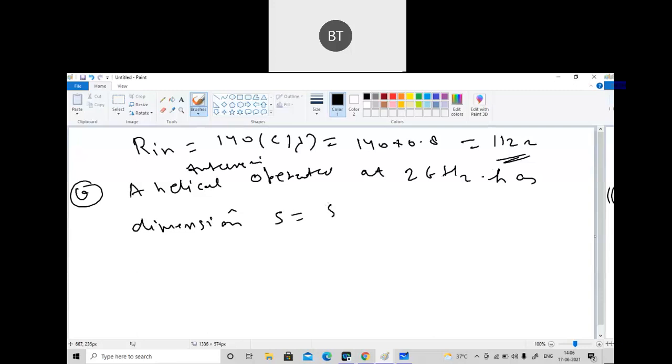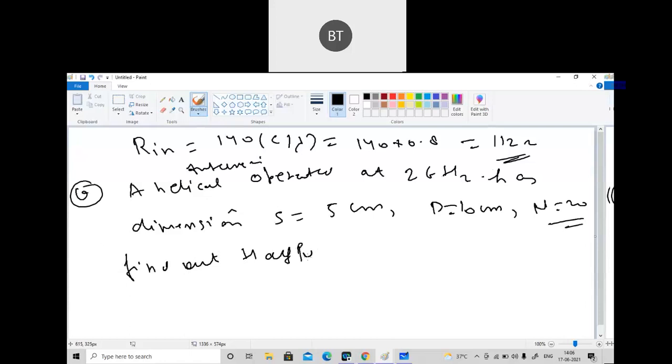Spacing between them is 5 centimeter and distance is given to you, 10 centimeter. The number of turns is given to you, 20. Find the half power beam width. We have to calculate the half power beam width and directivity.